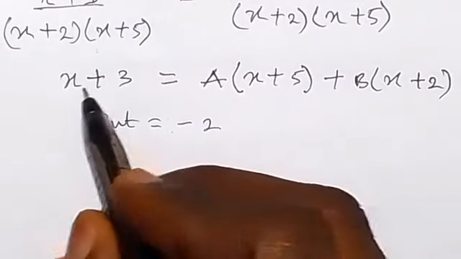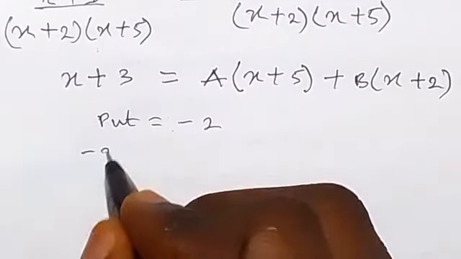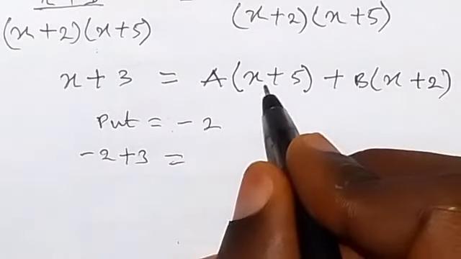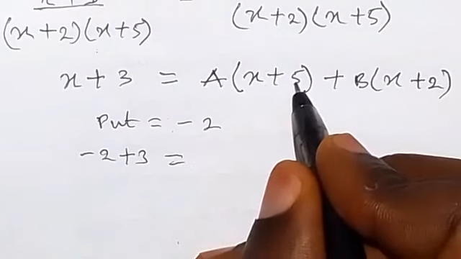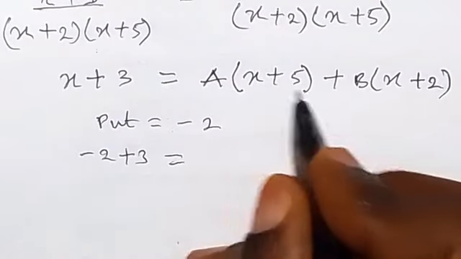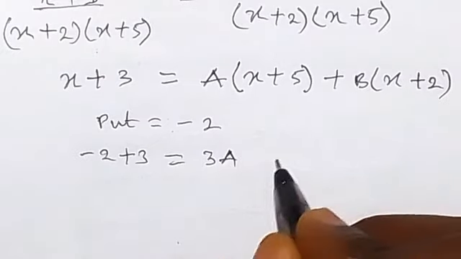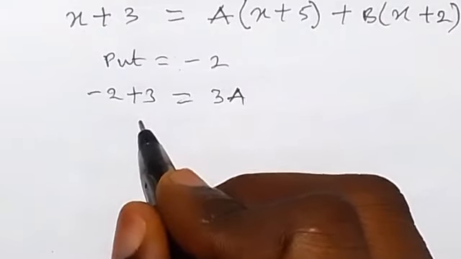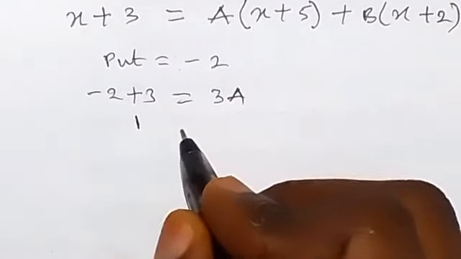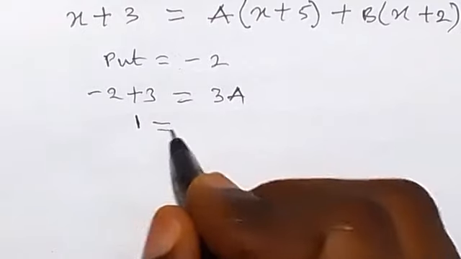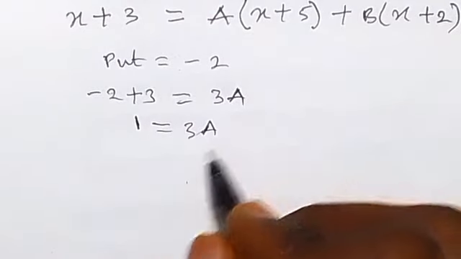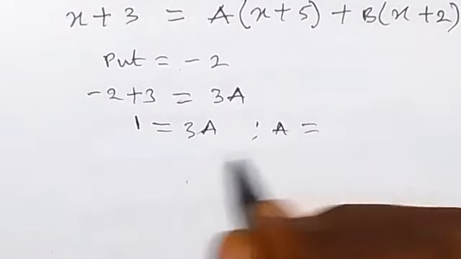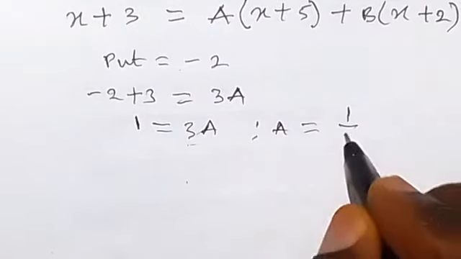So put minus 2 for x everywhere. We have minus 2 plus 3 equals a times, here we put minus 2, and minus 2 plus 5 will be 3, so plus 3. When we put minus 2 here, we have 3a left, and the b term has become 0. Then we have minus 2 plus 3, that's 1. So 1 equals 3a, and for us to get a, we divide both sides by 3. a will be equal to 1 over 3.